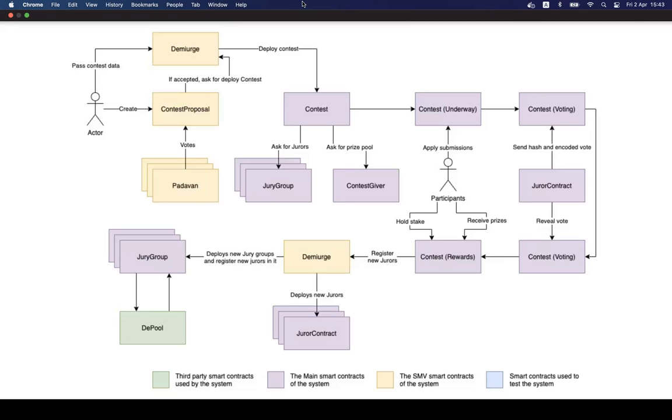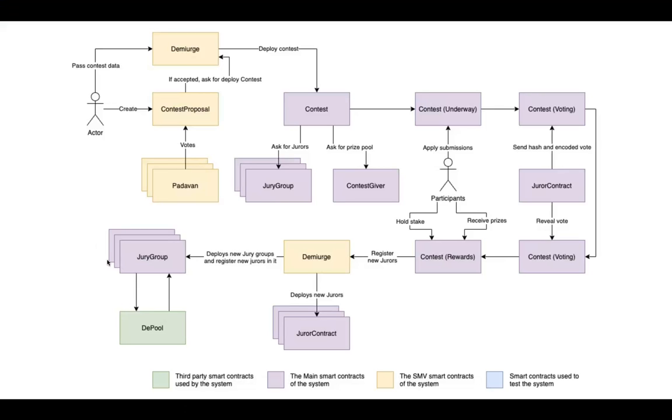So the idea of slashing is that we can slash jurors' stakes which are held in jury groups, but the idea of the algorithm should be changed for implementation. In the specification, we have jurors' votes, and when they reveal, somebody can put a blame stake on a vote.